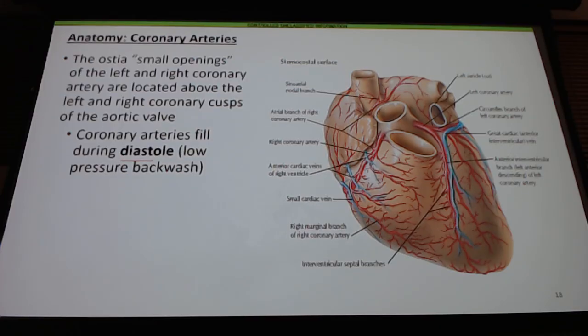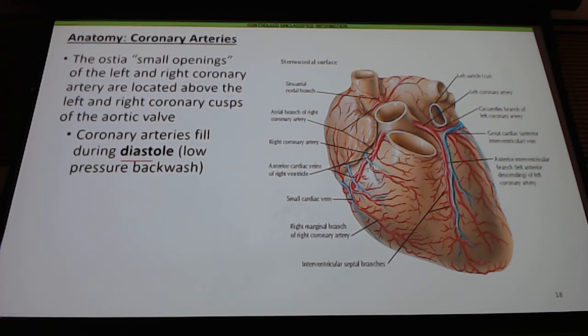But two, during systole, you're getting that squeeze of the ventricular muscle, the myocardium, and blood flow through tiny vessels trying to penetrate into the myocardium would be squeezed and you would get no flow. So the heart's designed for that situation where perfusion is going to primarily occur at the time when the muscle is relaxing.